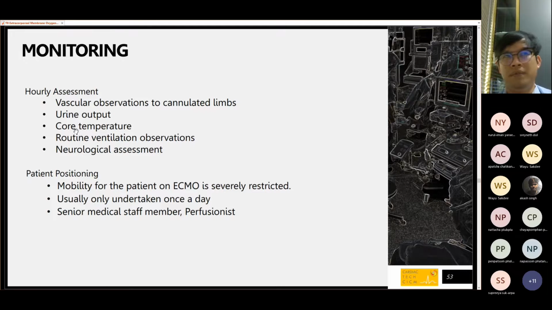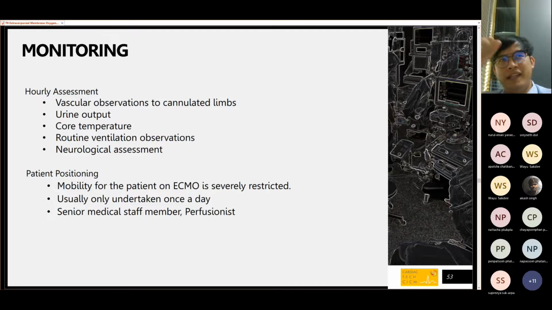So we are going to talk with our team. Patient positioning is quite, let's say, quite harmful, but you can do that. But you need to call your team to reposition the patient. Have you ever heard of a bedsore?